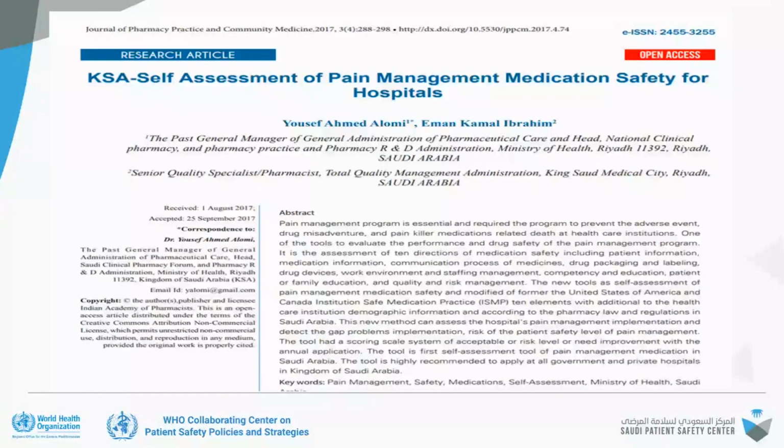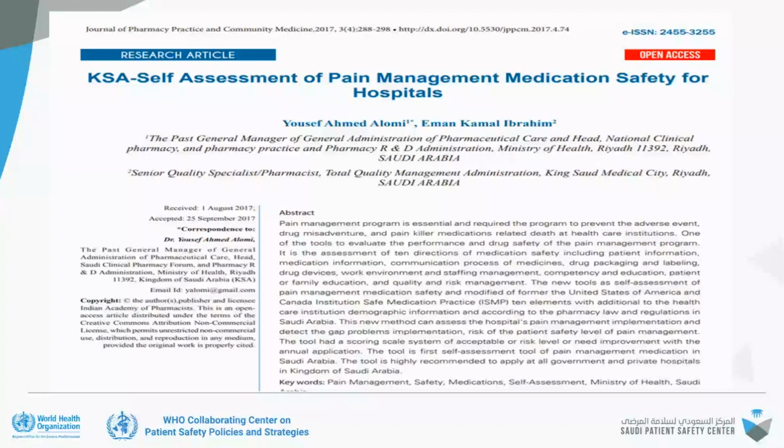From our experiences, we are learning from the medication safety program. We made the KSA self-assessment of pain management medication safety. Dr. Iman was one of our members from a group at that time, and we tried to make it a version of ISMP specific for KSA, the Kingdom of Saudi Arabia.